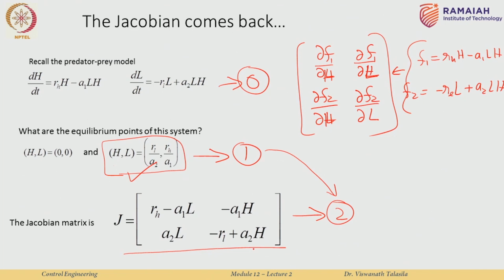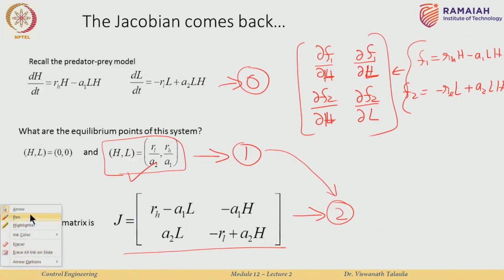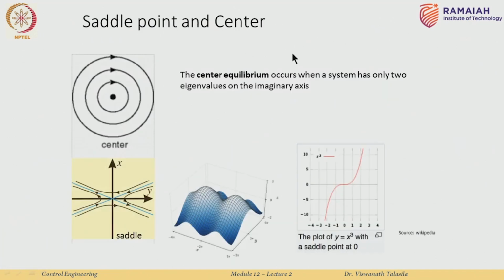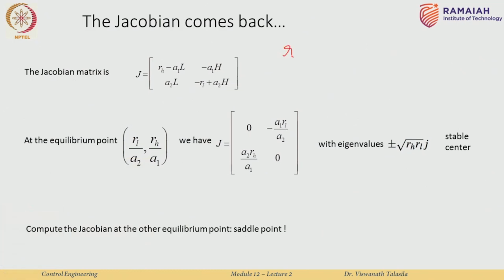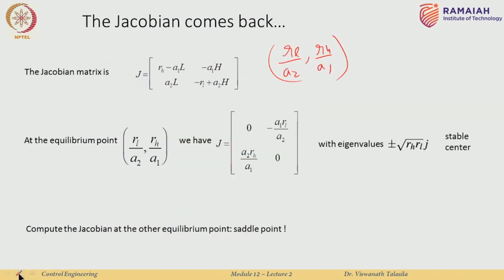So, we substitute RL by A2 and RH by A1, which is the equilibrium point which we had over here, into the Jacobian, and you are essentially going to get this linearized matrix. This is actually the A, and with this we get x dot equal to A times x.